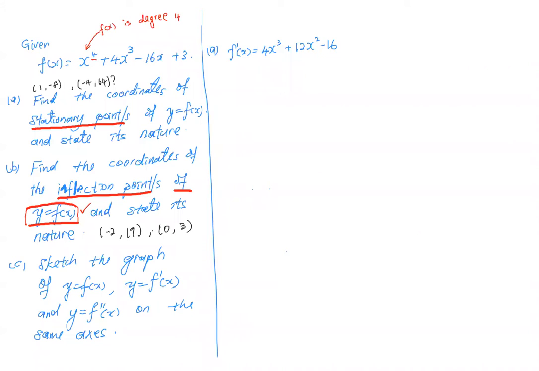So f prime x is degree 3. It will be 1 degree lower. So f double prime x will be degree 2.